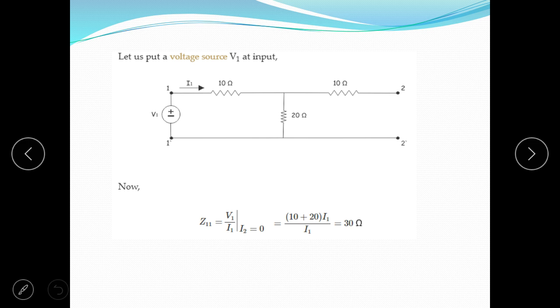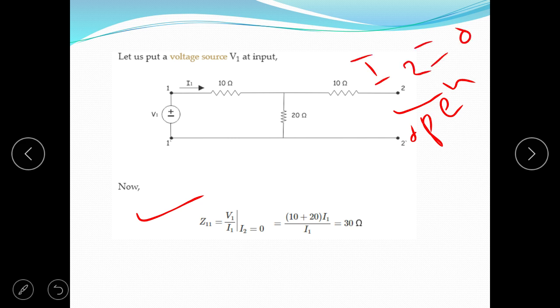I2 is equal to 0 means port 2 is open circuit, so I2 is equal to 0. Now V1 is equal to (10 plus 20) into I1. So V1 upon I1 is equal to 30 ohm. This is the value of Z11, that is driving point impedance at port 1.